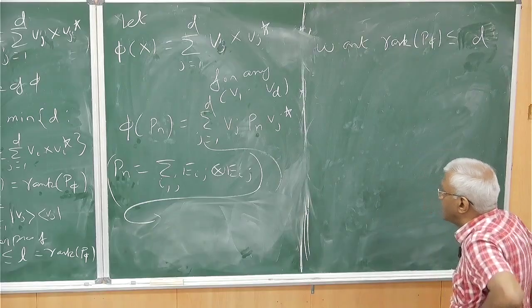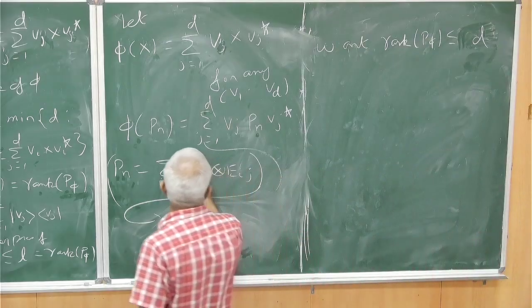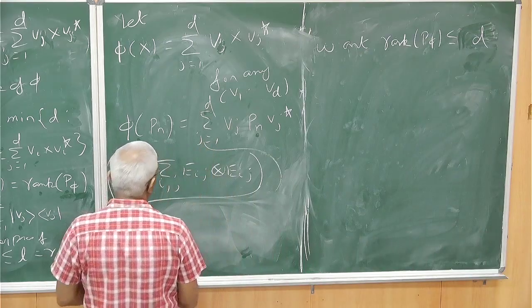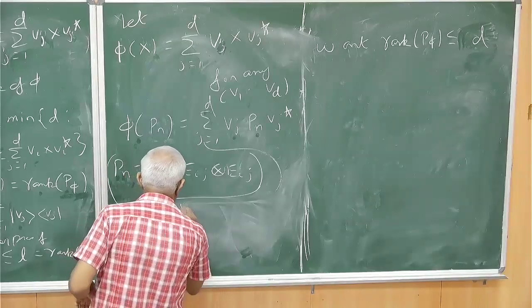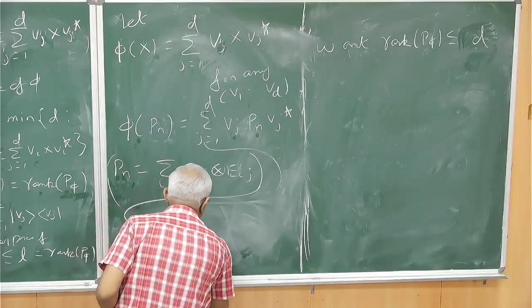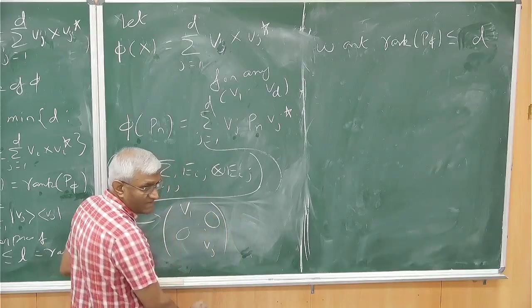Now we want to write rank of D as D elements. So I want to write this as the diagonal matrix of V1 up to Vj, just diagonal Vj's.